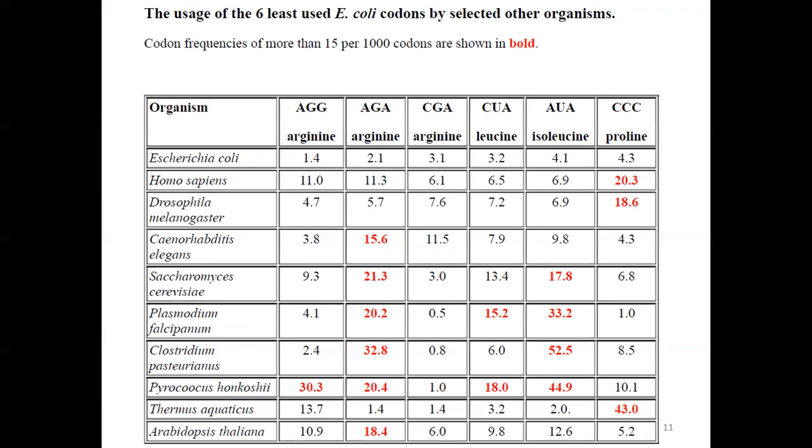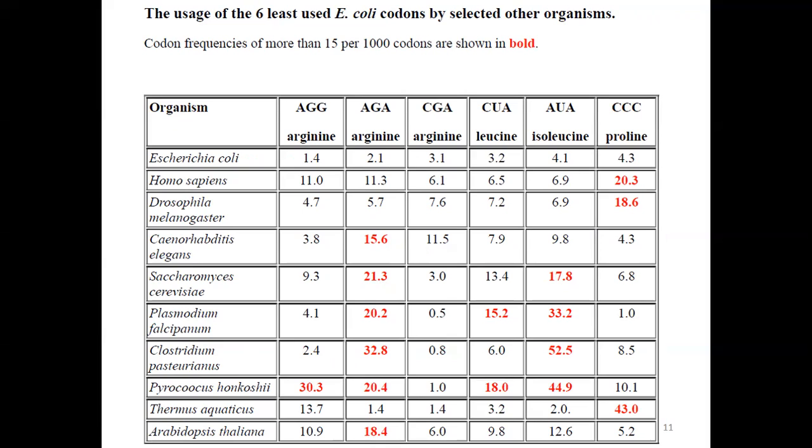E. coli doesn't prefer CCC for proline. It only prefers it at about 4.3, while humans prefer this codon at 20 whenever proline comes.